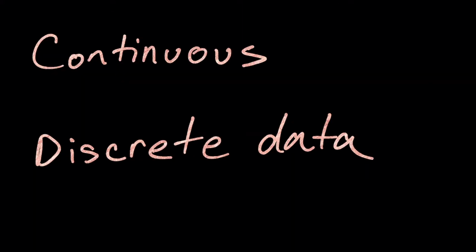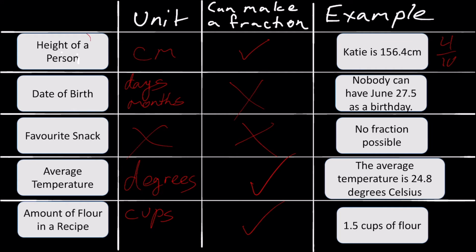Now when we're thinking of continuous data and discrete, continuous data means that we can take a fraction of that. So if I'm looking here at the height of a person, I can chart the growth of my child and it's going to grow continuously. So I can measure it in decimals and fractions.